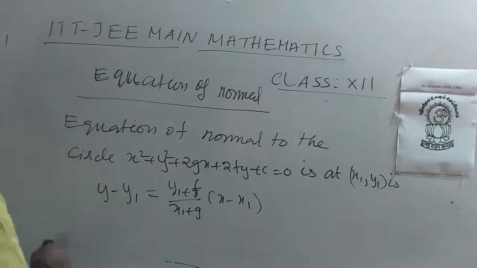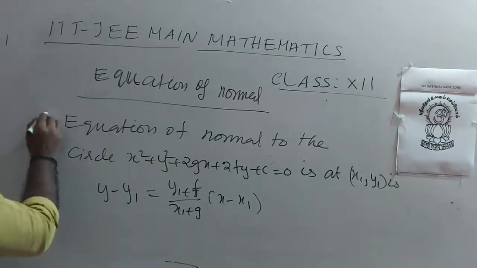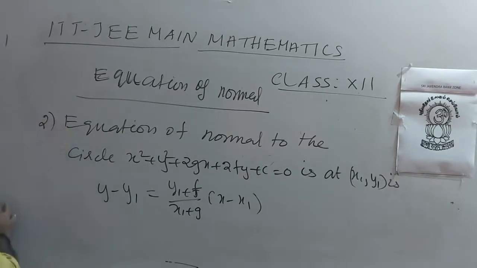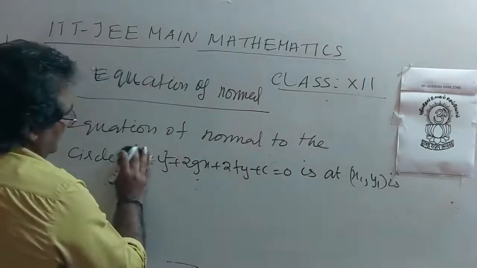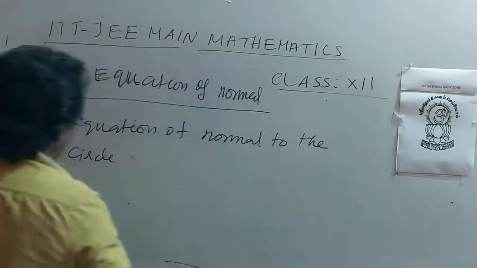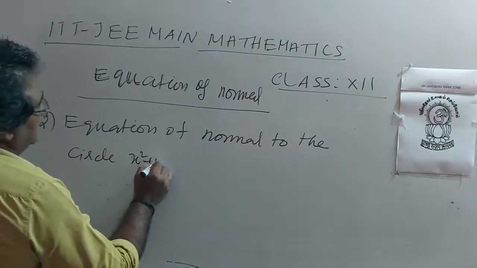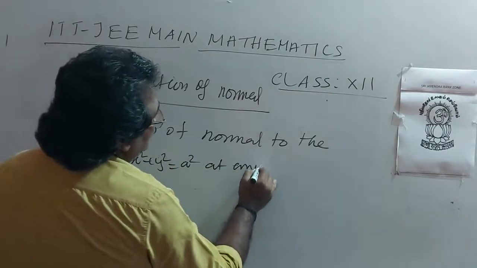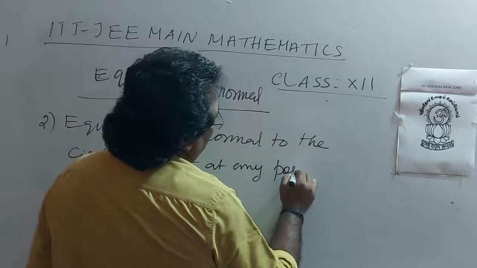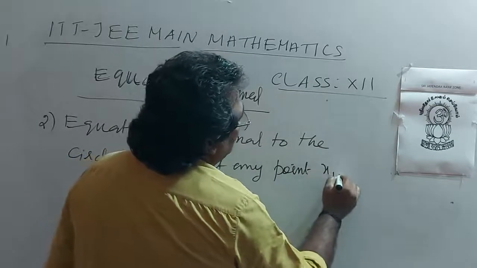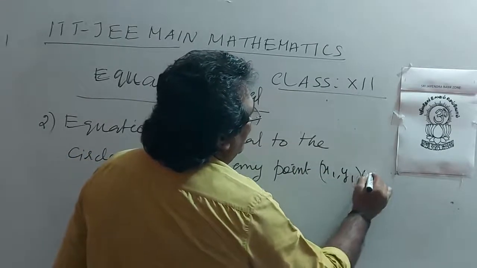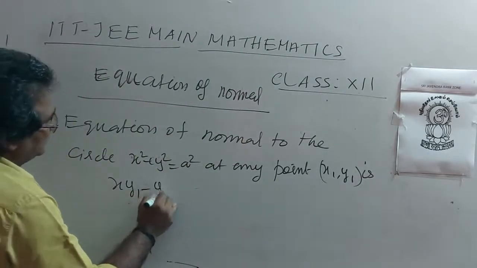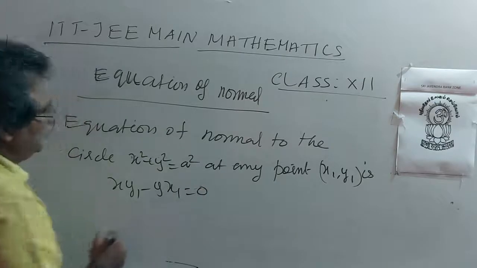Next, equation of normal to a circle x square plus y square equal to a square at any point x1 comma y1 is x y1 minus y x1 equal to 0.